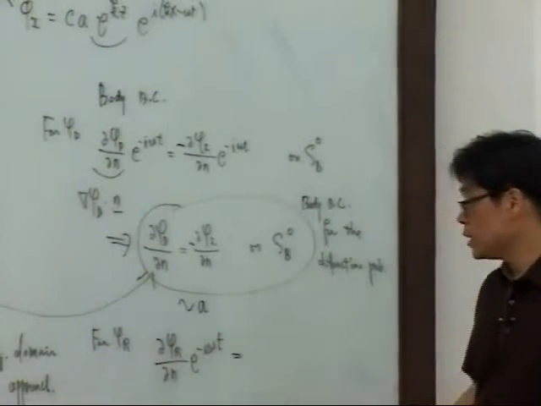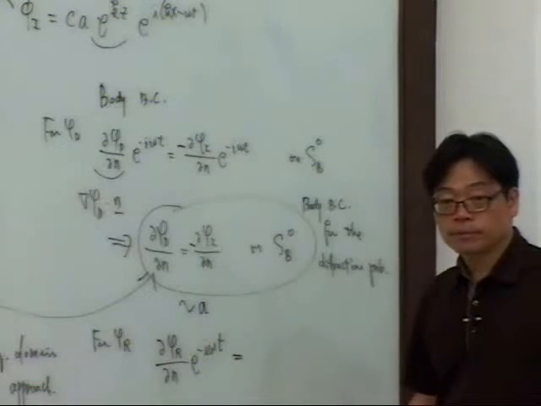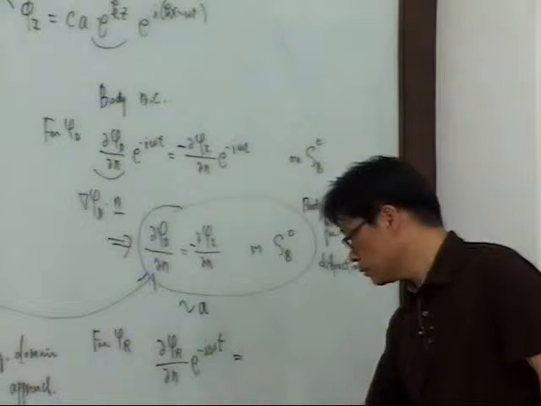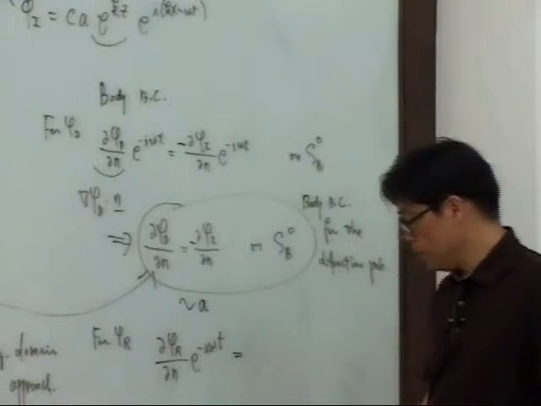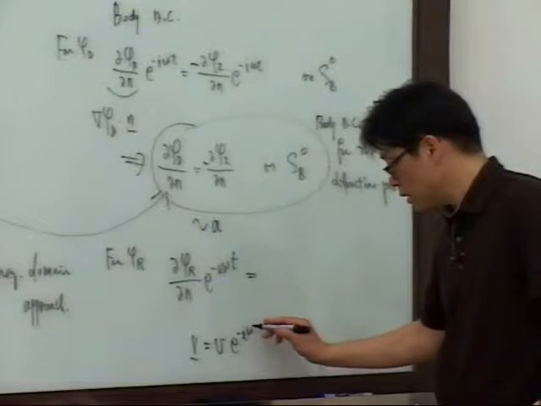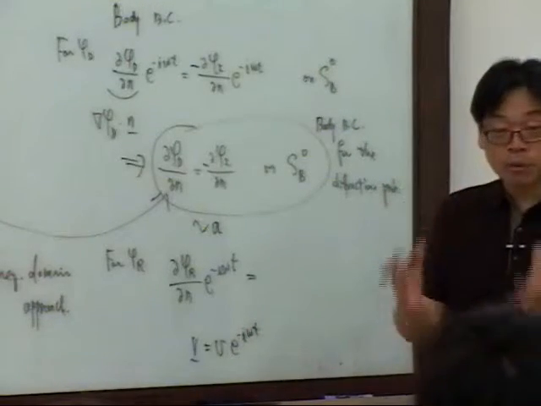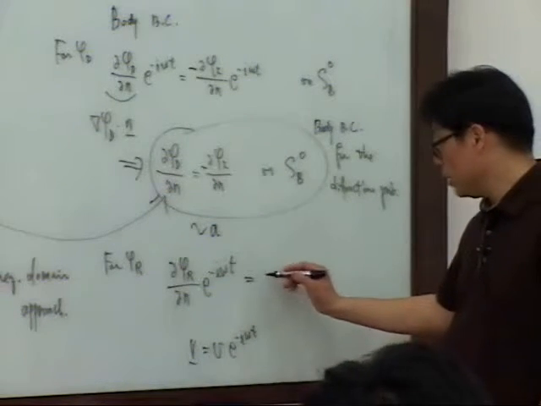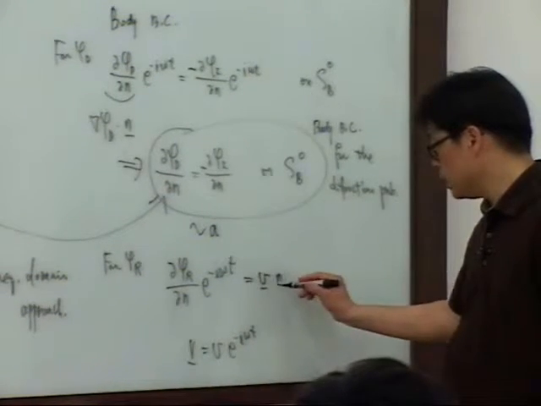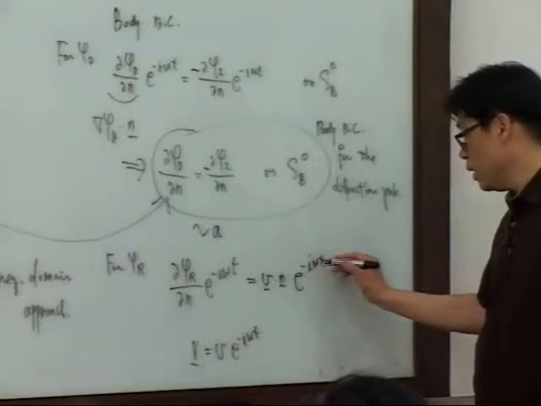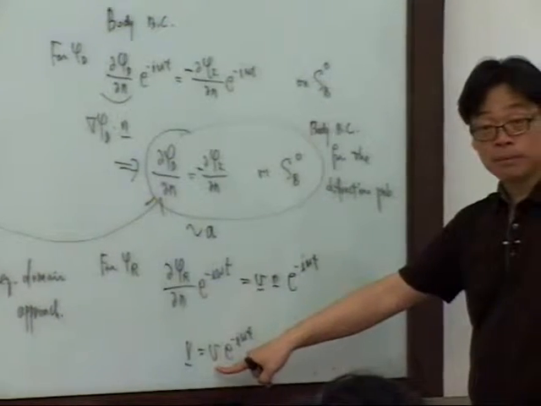And the right-hand side is v dot n. And the v is, because the body is moving with that frequency, that's why we could pull out this. And therefore, we have v dot n e to the minus i omega t. And this guy is independent of time.